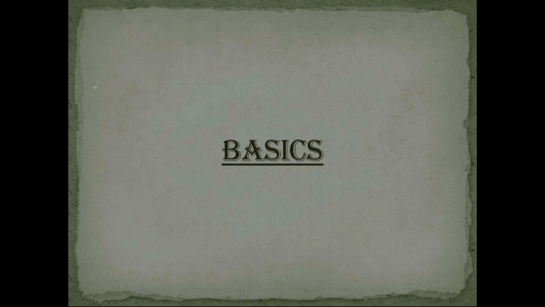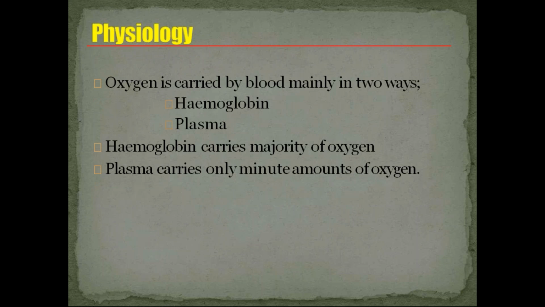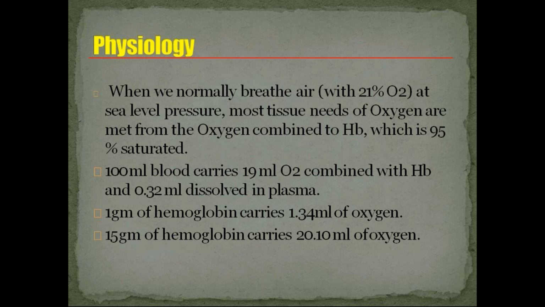Coming to the basics, you all know oxygen is carried by blood mainly in two ways. The majority is by hemoglobin, very small amounts by plasma. Normally the air which we inhale has 21% oxygen at sea level pressure.